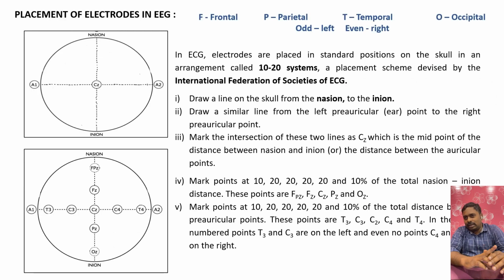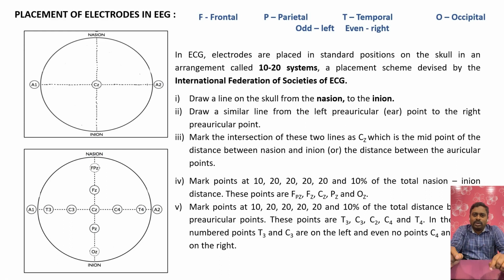Let us go with the recording setup of EEG, which is an international standard. They devised a 10-20 electrode scheme for recording electrical activity of the brain. Please change it in the PPT, it is wrongly written as ECG, but we are dealing with EEG, electroencephalography.